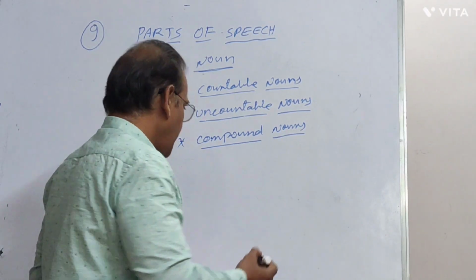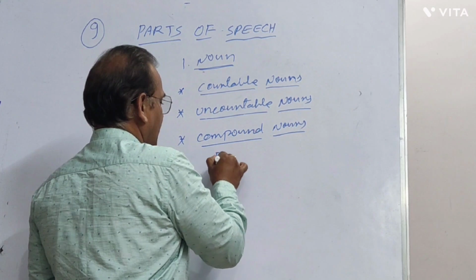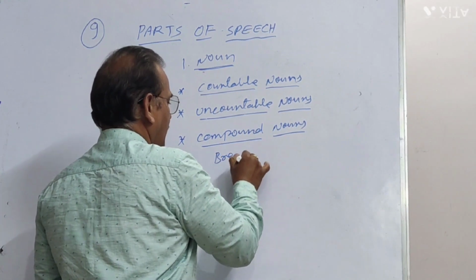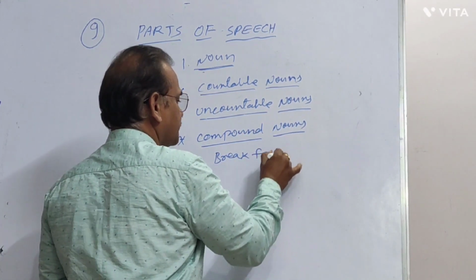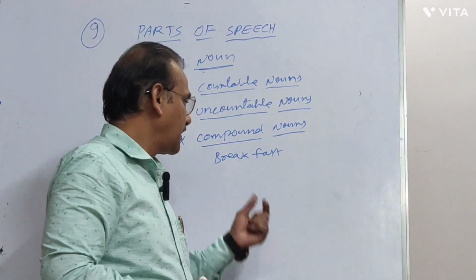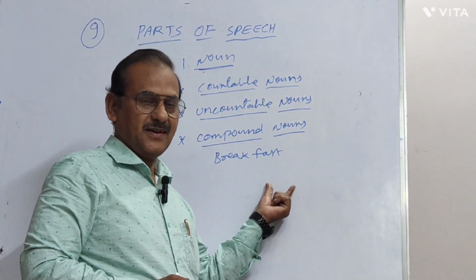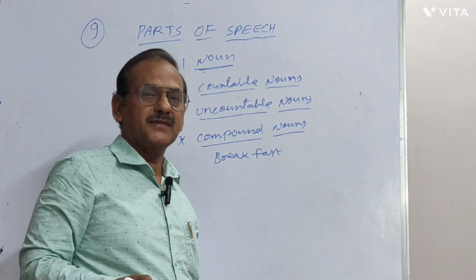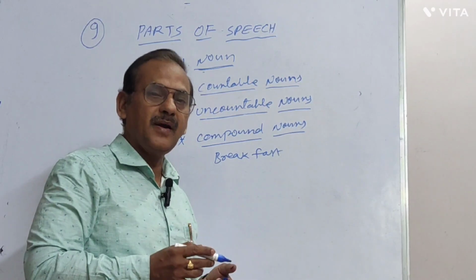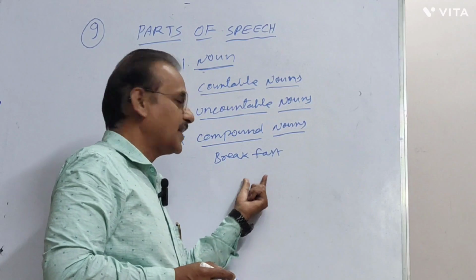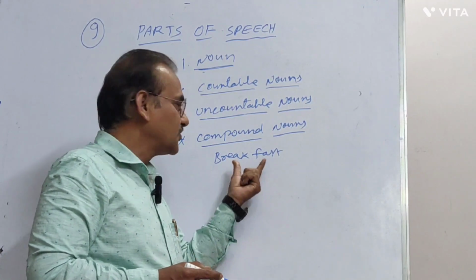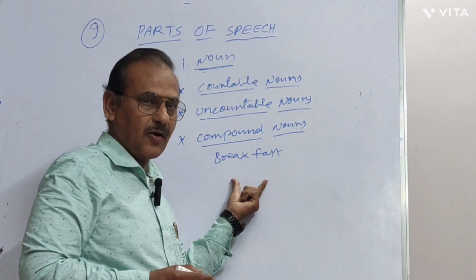For example, breakfast: break, fast. Both are different words, but whenever you combine them, automatically another new word is formed. So this is called a compound noun.